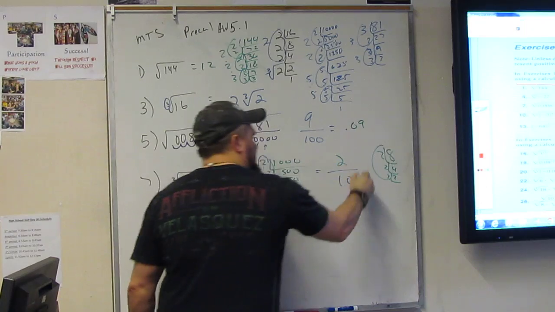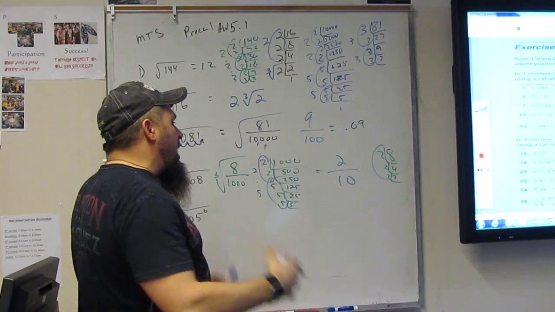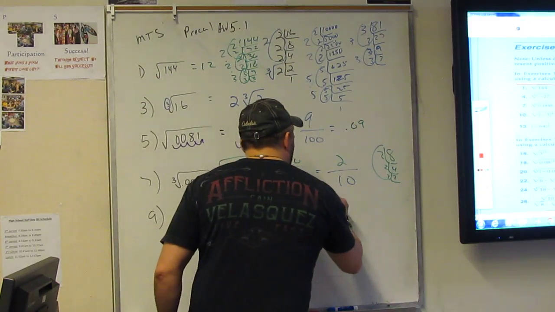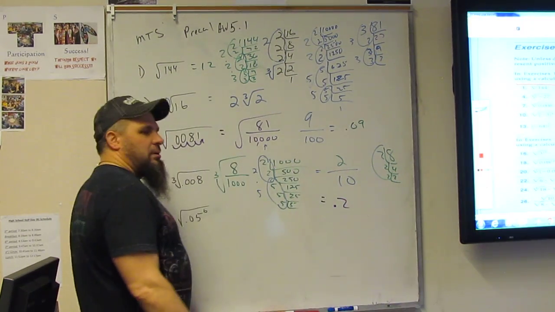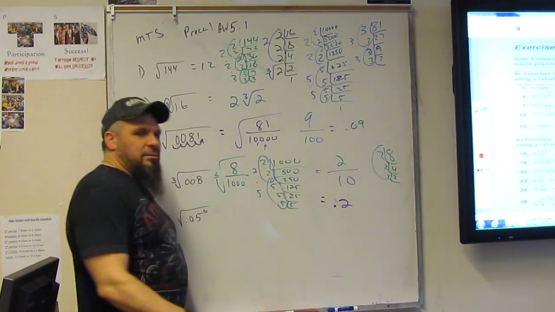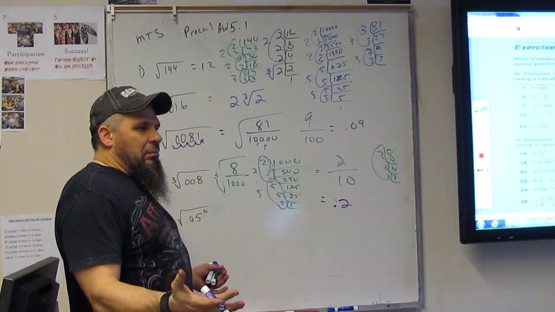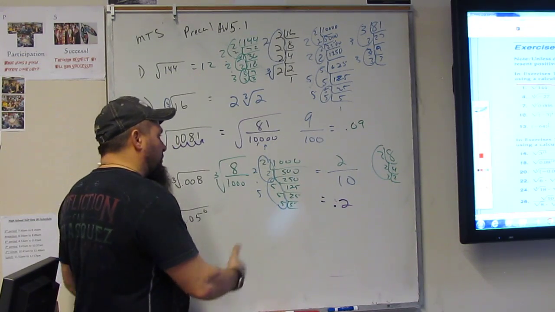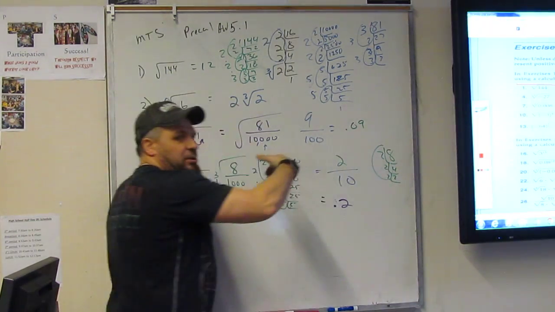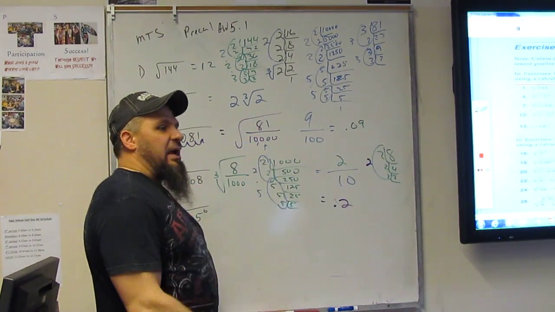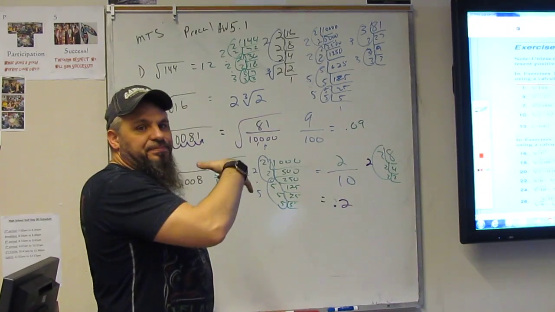We're taking out the triples, so that's 2 tenths. So how could I write that as a decimal? 0.2. Is that cube rooted 0.2 or just 0.2? We took out the cube, so now we got rid of the cube root.